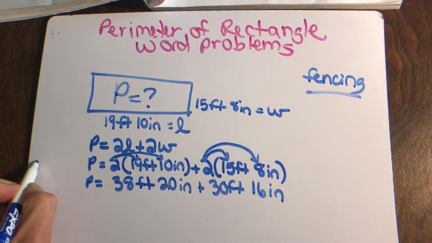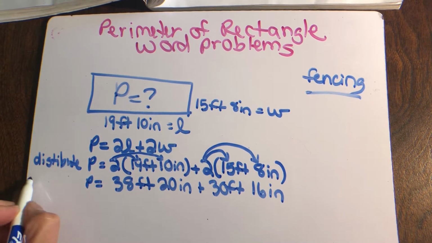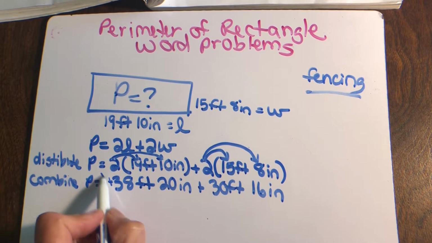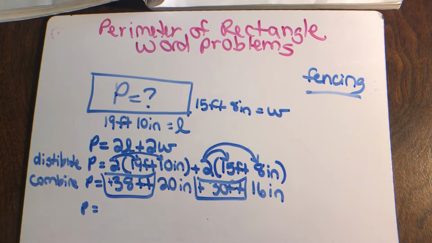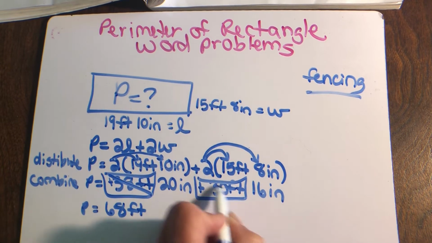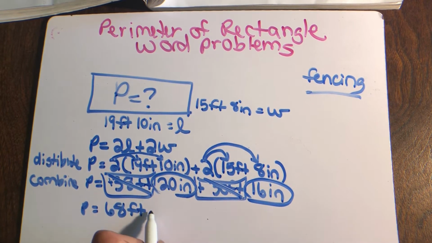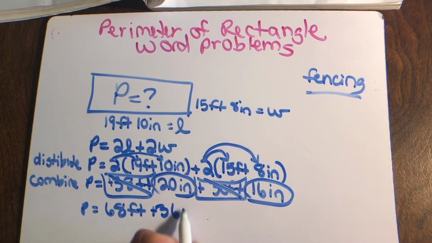Now you have to combine like terms. Okay? So you got 38 feet and you have 30 feet. So when you add those together, you get 68 feet. Then you have inches, and they're both positive, so you add those together, and you get 36 inches.